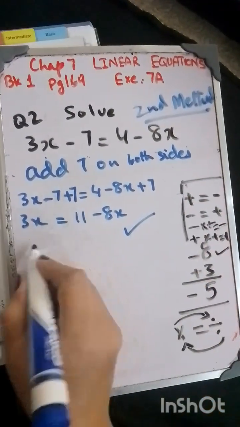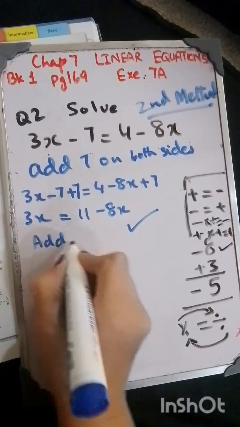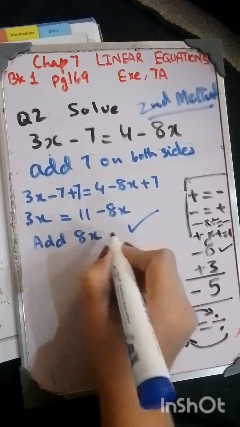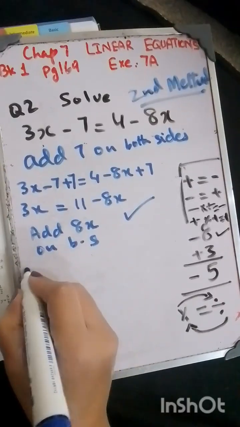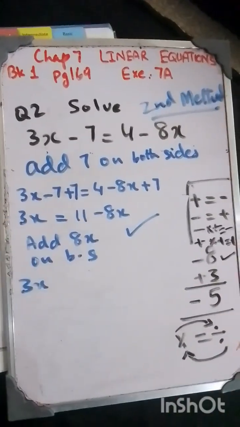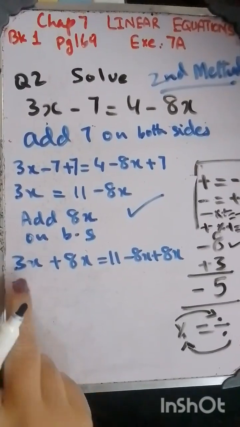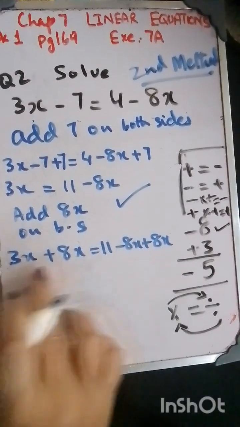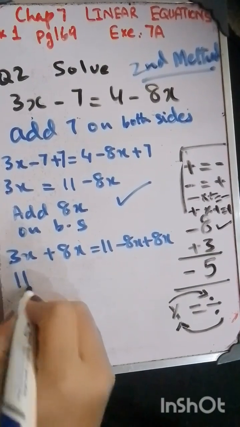So I'm going to put the knowns and the unknowns on their respective sides. Here again we are going to add 8x, since it is a negative one, so I am going to put the alternate sign, so it will be 8x on both sides.